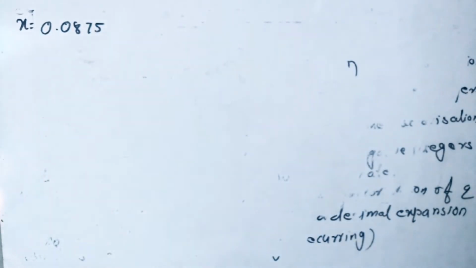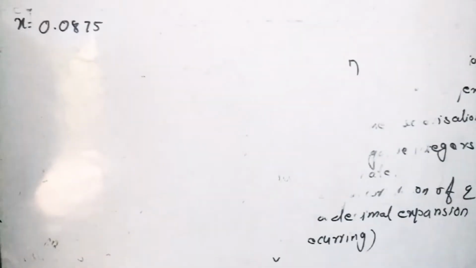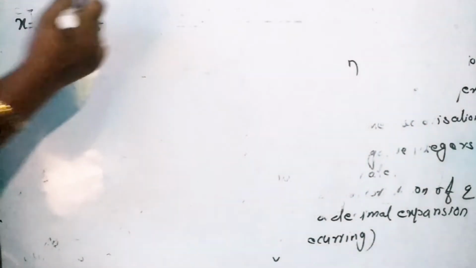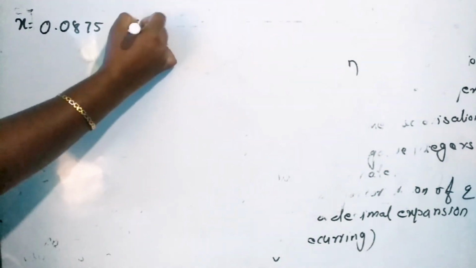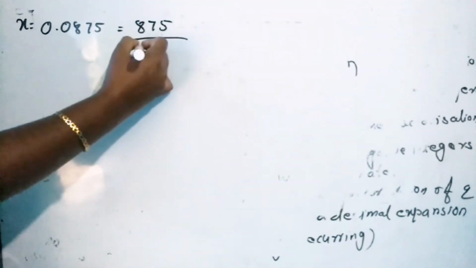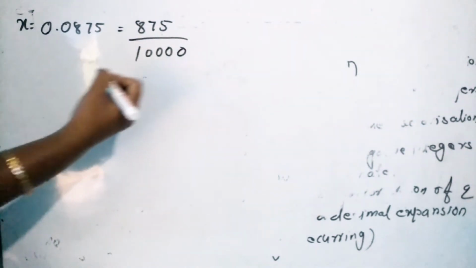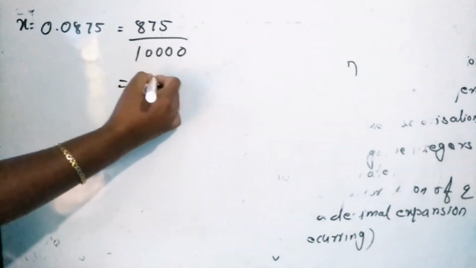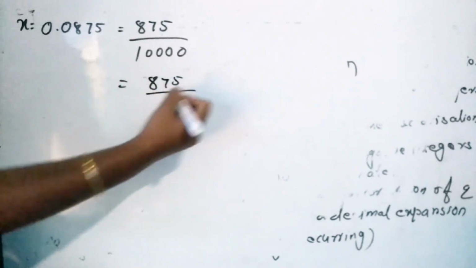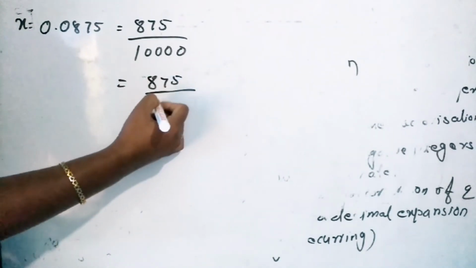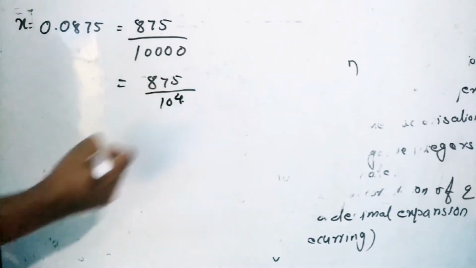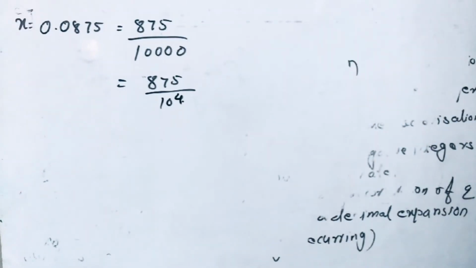We have the decimal expansion and we need to find out the p by q form. Thus we can write it as 875 divided by 10 raised to 4.